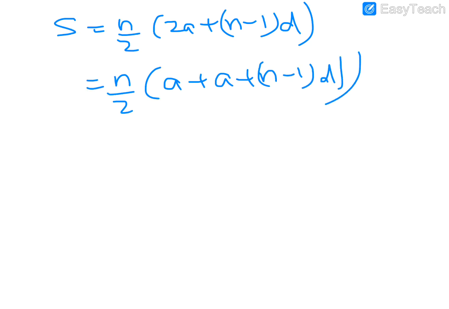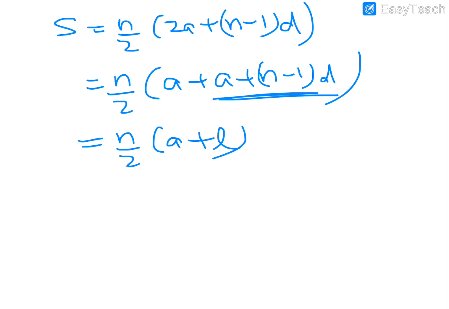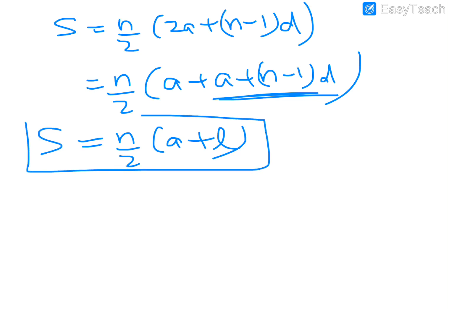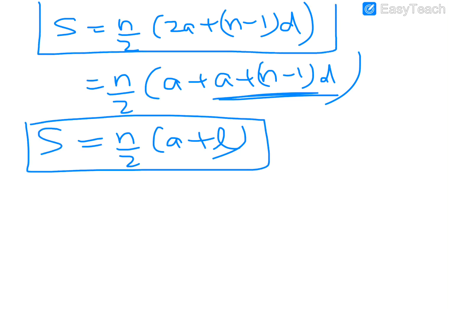And what is this term? It is the last term of our sequence. So can I write the same thing as n by 2 into (a plus l)? So this is also a formula. So there are two formulas for the summation of an AP. Remember these two formulas.